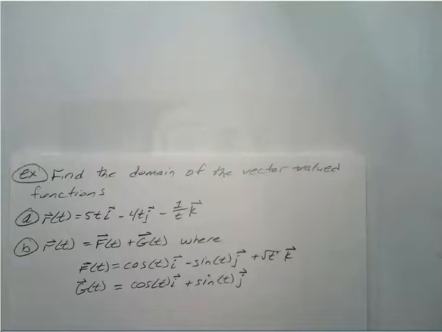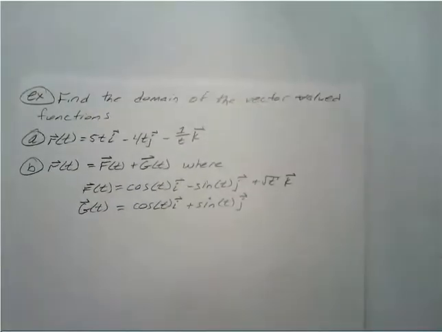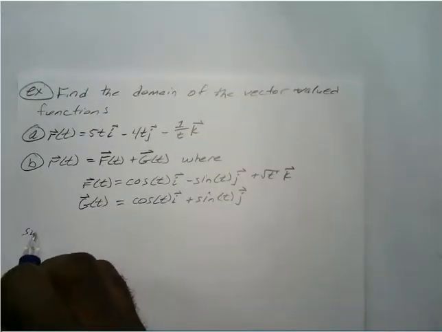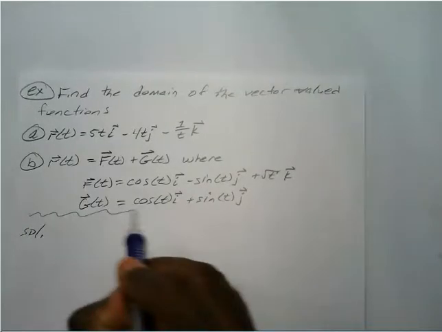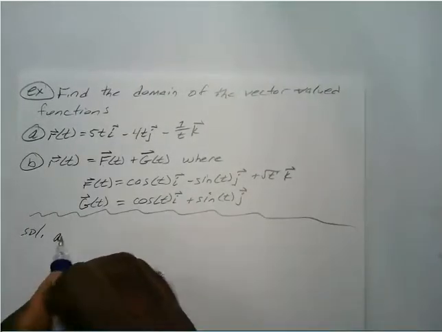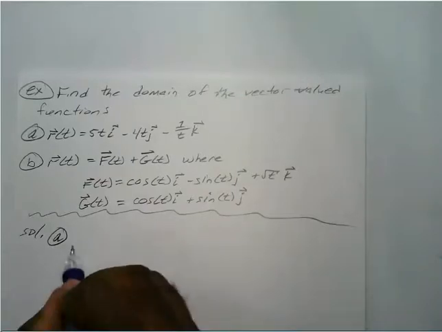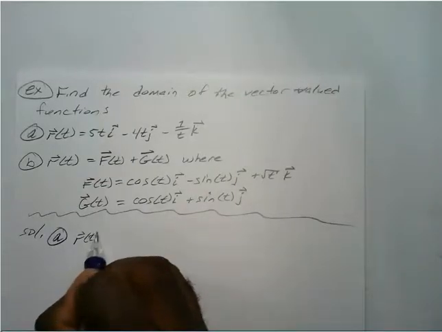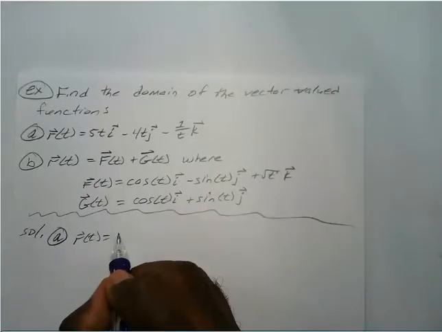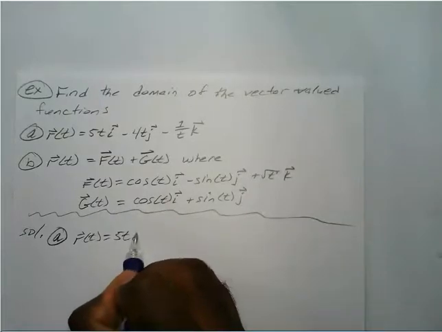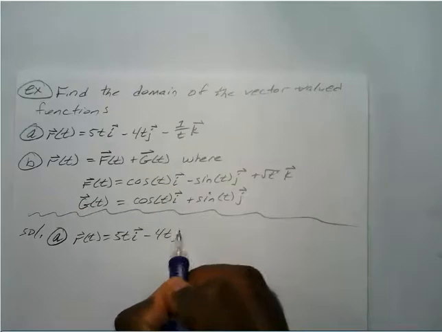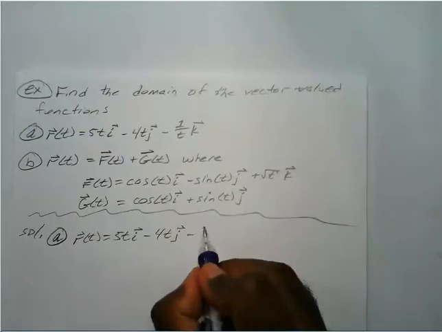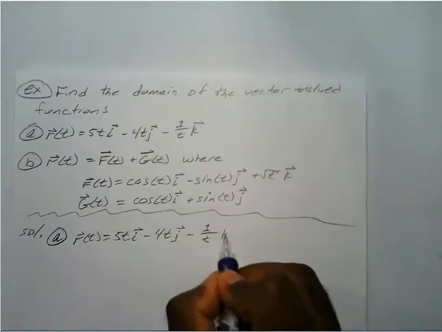All right, so let's look at problem A. R vector of t equals 5t i vector minus 4t j vector minus 1 over t k vector.